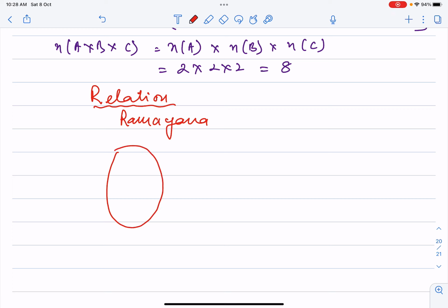Suppose I make a set in which there is the family of Dashrath: Dashrath, his son was Ram, the next one was Lakshman, then Bharat, then Shatrughan.